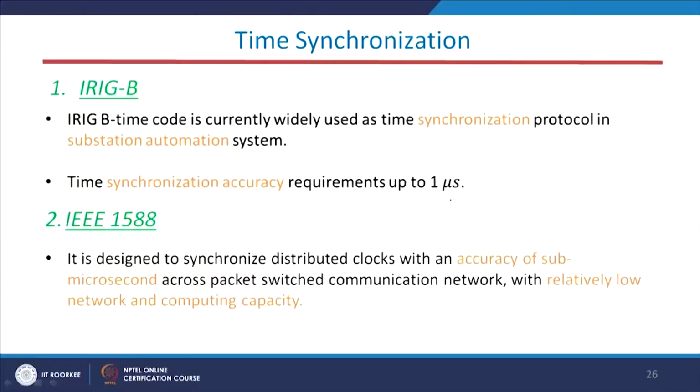The last two I will just quickly cover, the first being time synchronization. The time synchronization requirement is up to 1 microsecond, and IEEE 1588 is designed to synchronize distributed clocks with sub-microsecond accuracy across packet switched communication networks with relatively low network and computing capacity.